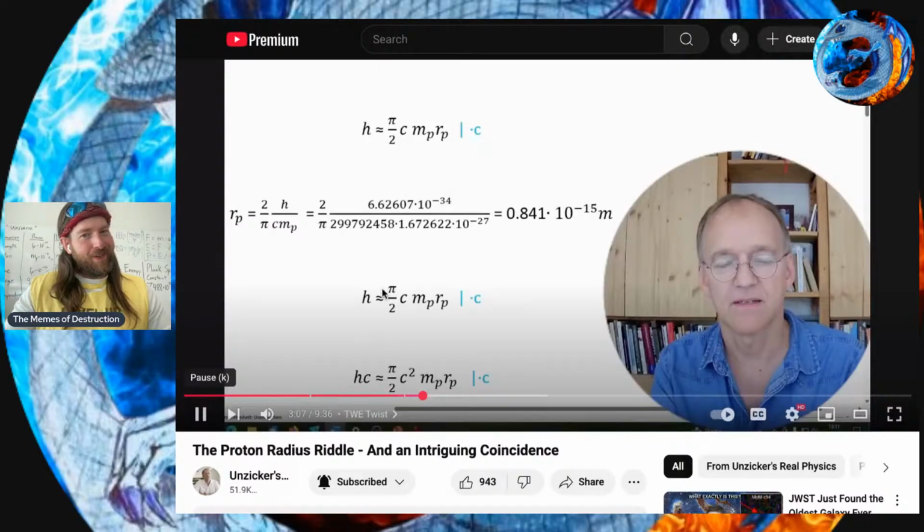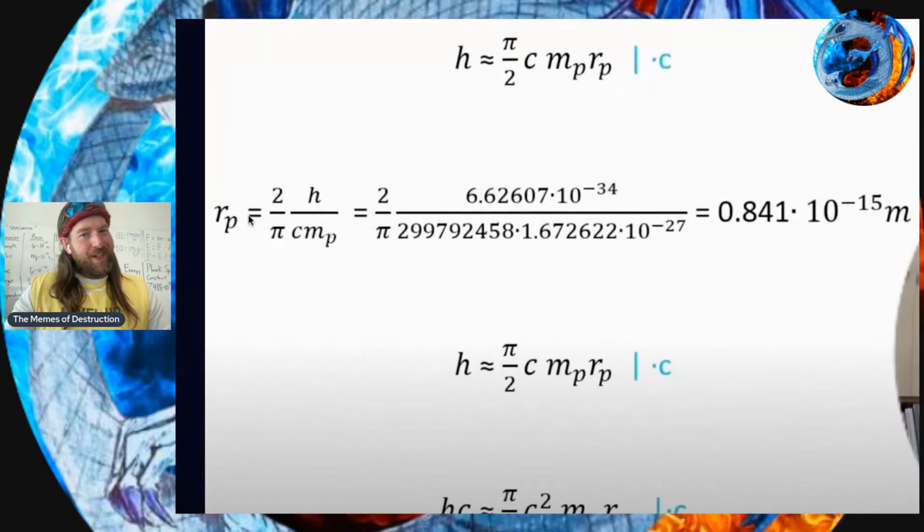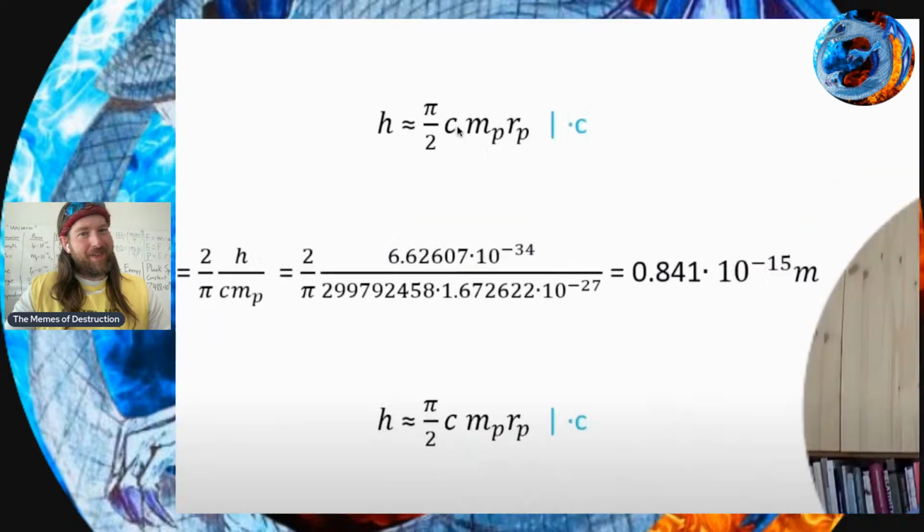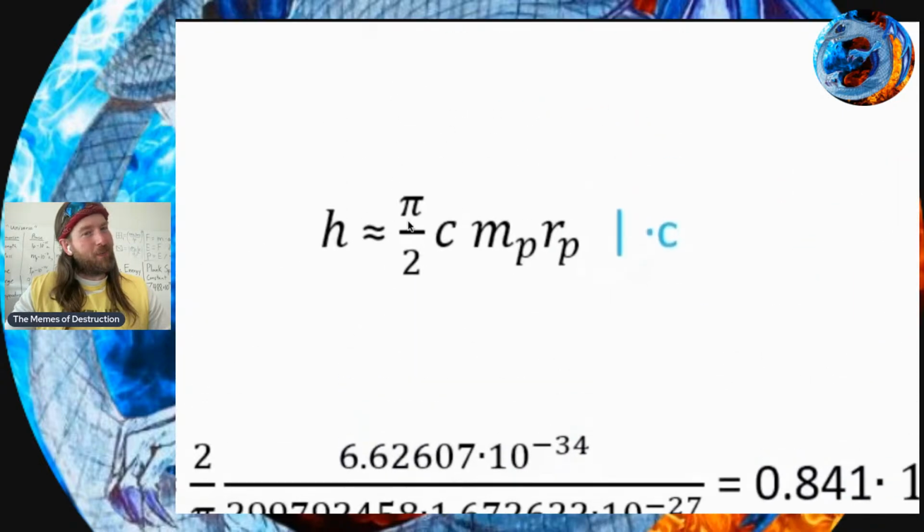If you take pi divided by 2, that's our dimensionless factor there, the speed of light, the mass of the proton, and the radius of the proton, you get out about three significant digits of accuracy with Planck's constant and the correct magnitude within the dimensions.